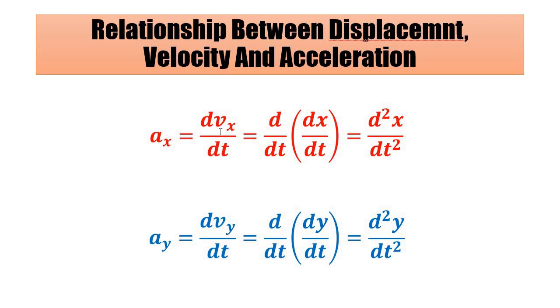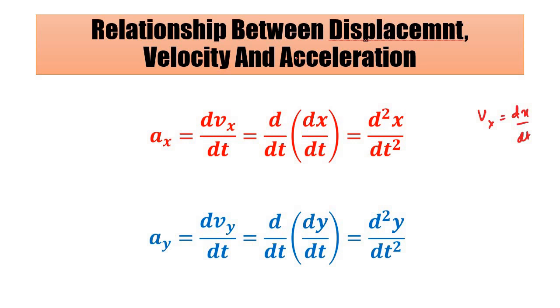Acceleration is the change in velocity with respect to time, the derivative of velocity with respect to time, dv by dt. As the x component is involved, ax is equal to dvx by dt. Again, we know velocity is the change in position or displacement with respect to time, so vx is equal to dx by dt.